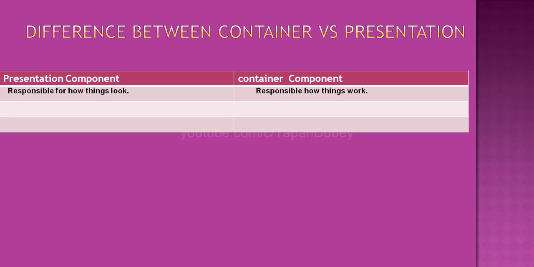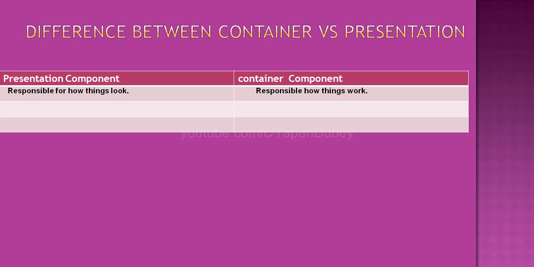So, for example, you have that form with text box, drop down and one submit button, and once you click on submit button you are going to save the data in the database. That saving part, that service call and saving the data in the API, that responsibility we will have in the container component.